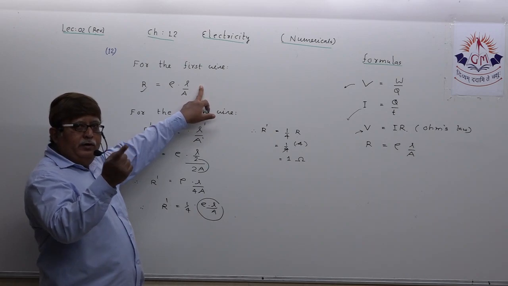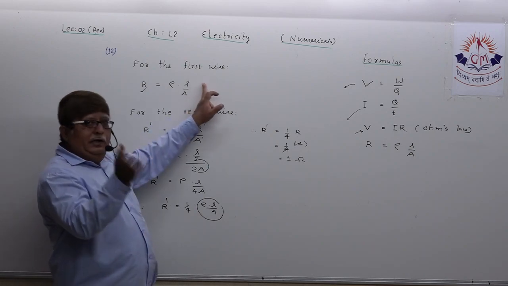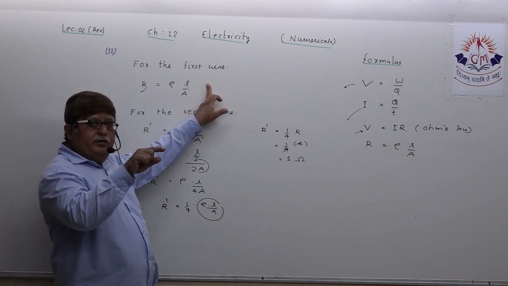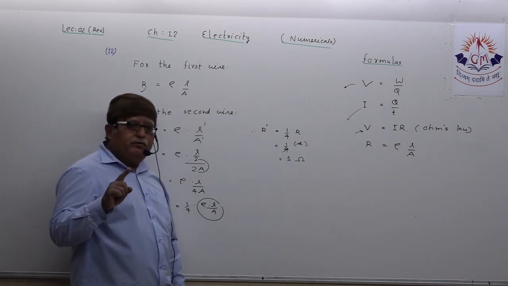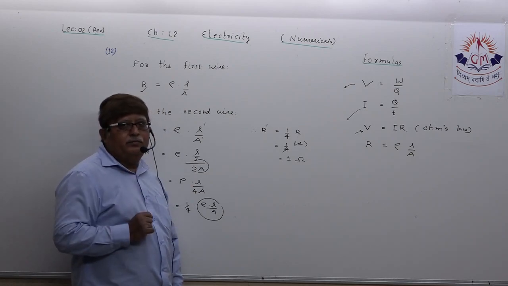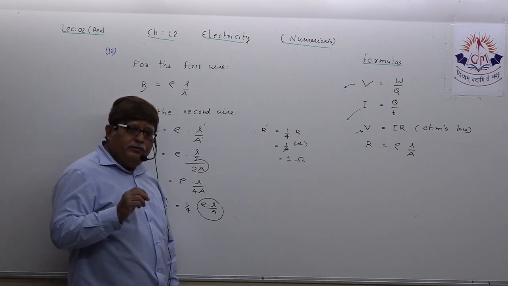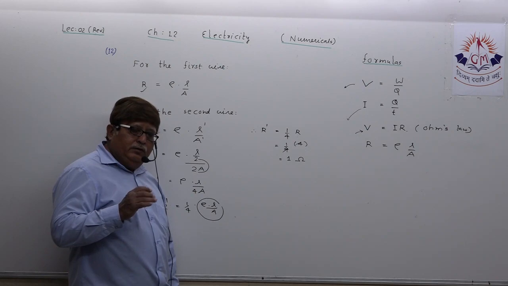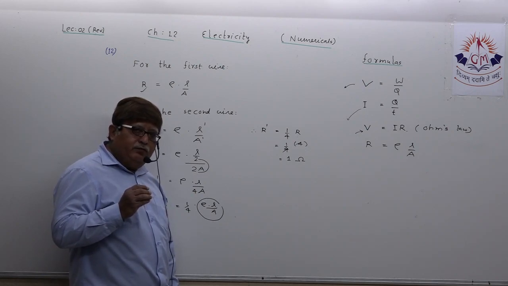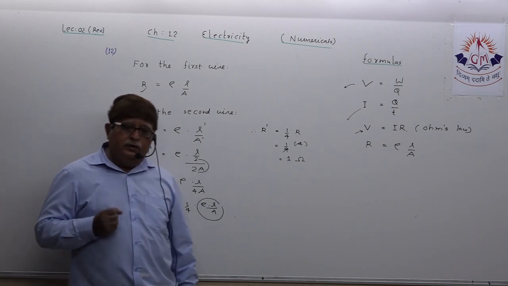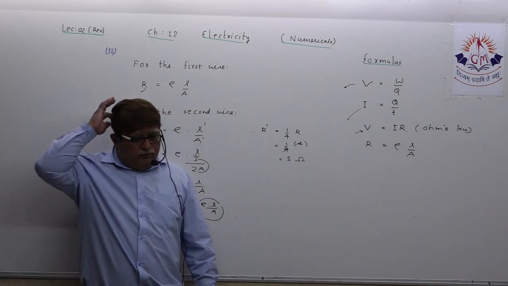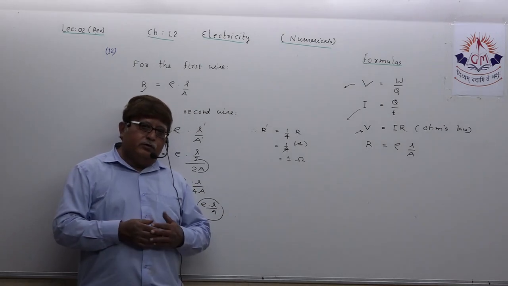Length tripled, resistance tripled. Length 4 times, resistance 4 times, but the condition is that the area of the cross section remains the same. In physics, sometimes they always mention a few micro conditions to solve any MCQ. Okay, dear students, so you have to be conscious regarding this.